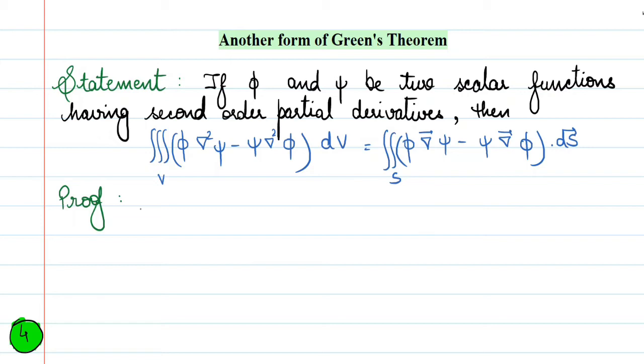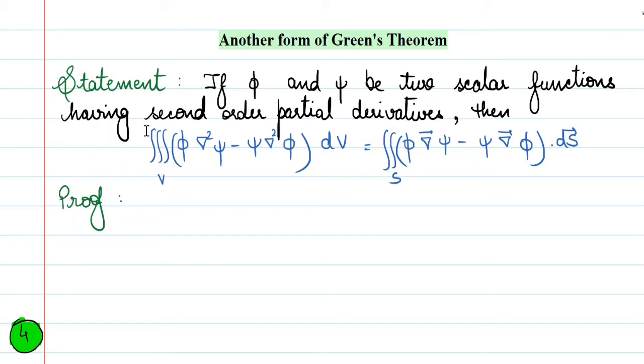As you already know that in the proof we are going to use Gauss divergence theorem, but still we know how to find divergence of a single vector function, or we know how to find the curl of a single vector function, and that was the reason that in the earlier form we used a vector A, which was further split into components, because we know how to find curl of a vector. Similarly, we know how to find divergence of a vector.